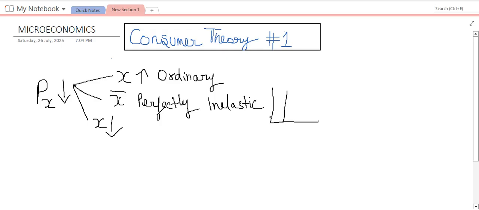Either price increases or decreases, the demand for X stays the same, denoted by EP equals 0. Now if price falls and demand also falls, then we call these different goods. This is a type of inferior good, which we would look upon as the course progresses further. So this was all about a price change.